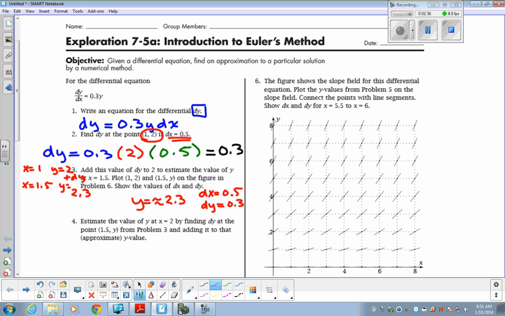So number 4 says, okay, estimate the value of y at x is 2 by finding the dy at our new point. So what we're going to do now is we know what dy is, and dy is 0.3 y times dx. Well, we have a new y this time.